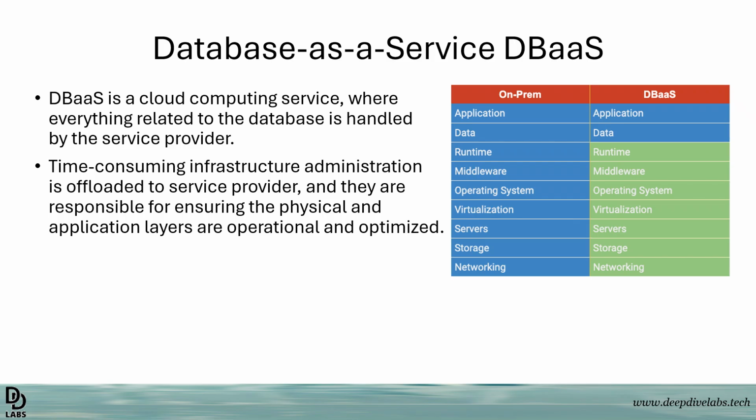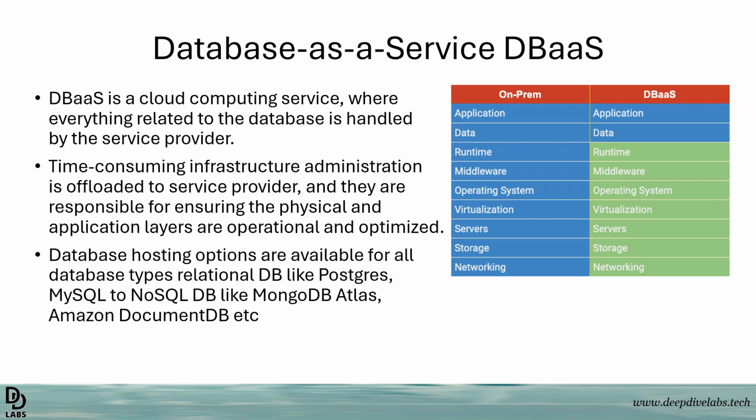Whereas in a database as a service, the service provider takes care of all of these parts, right? So the time-consuming administration is removed, and the organization can focus only on the data and application.